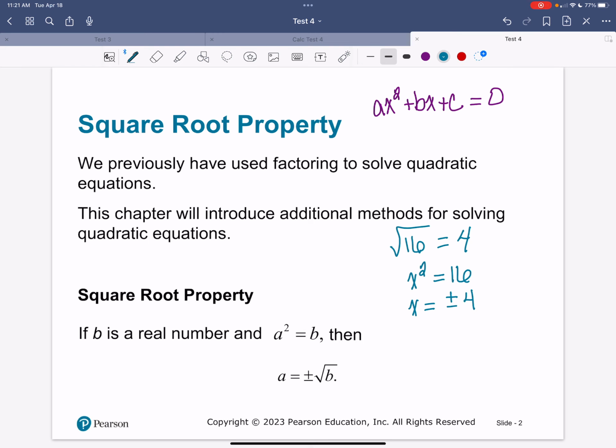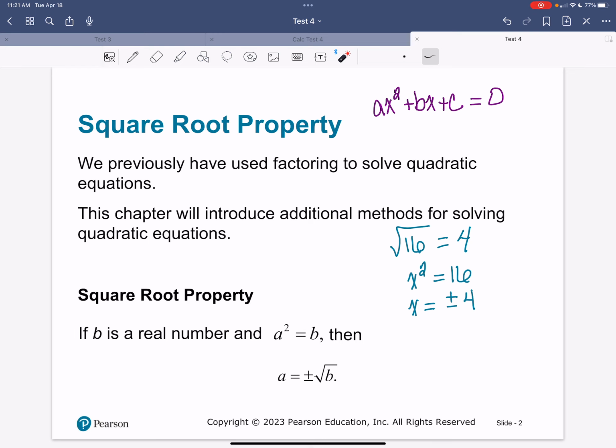So anytime we've got x squared or y squared and it's equal to a number, when we take the square root of that, we have to include the positive and the negative. That's our square root property.